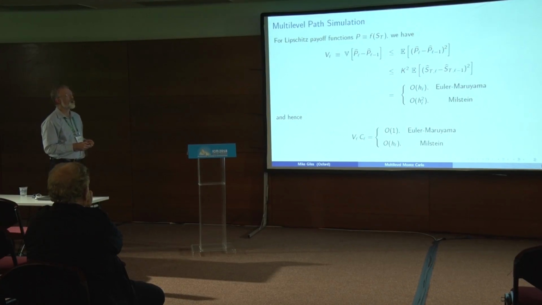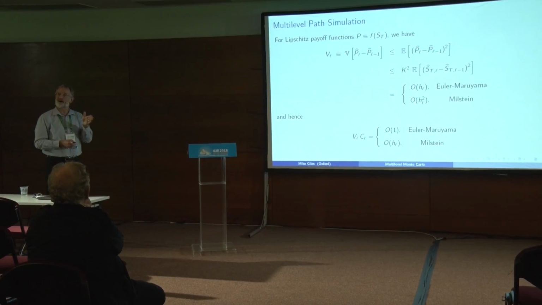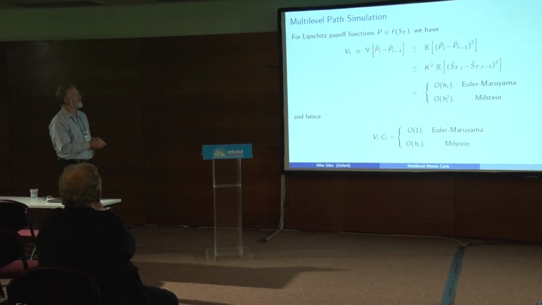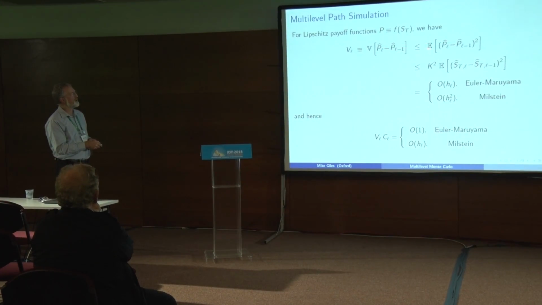So in the simple case of an output function P which is a Lipschitz function of the final value of the underlying path S, the variance of the difference is less than the expected square of the difference.